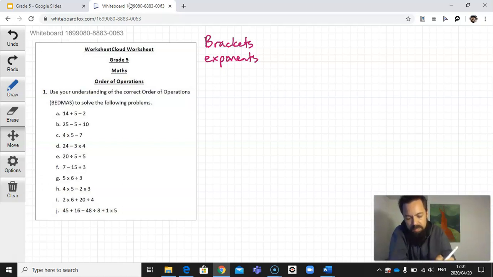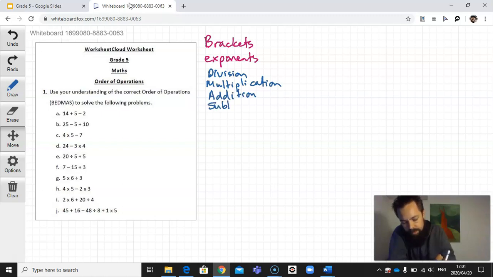So I'm going to switch color now to the four that you were looking at. Division, multiplication, addition and subtraction. And remembering that when you get down to addition and subtraction, and that's all you've got left, we work from left to right.